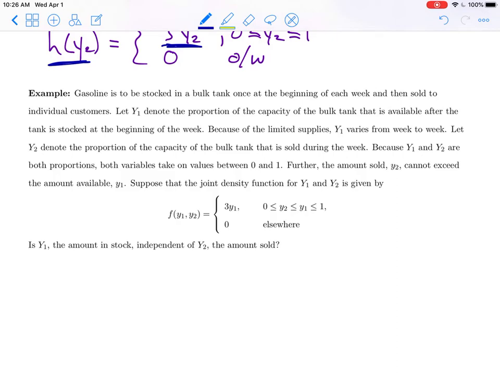So our joint density is given by this, and we want to know, are they independent?